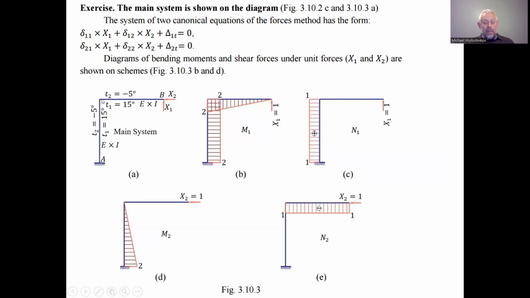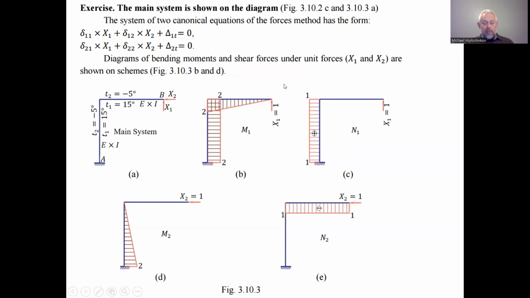So generally, this mechanical system, due to the difference of the temperatures inside and outside, experiences expansion, not compression. But under the considered external force of the support applied at the point B leftward in the direction x2, as we indicated on the diagram of the main system, figure 3.10.3a, under the action of x2 this element of the mechanical system is compressed.